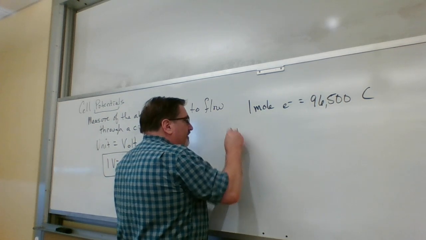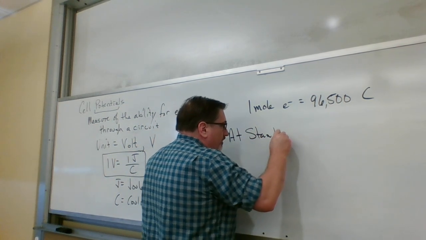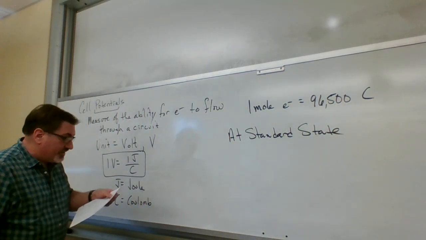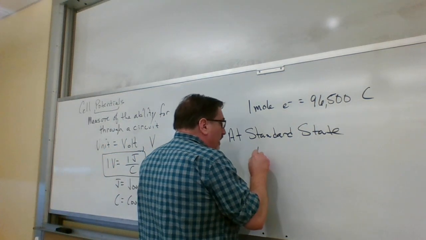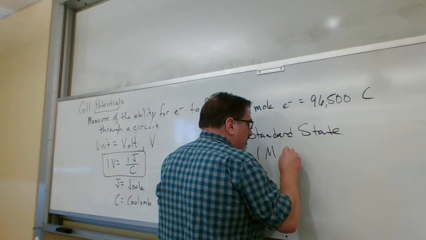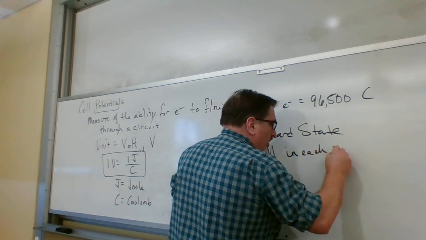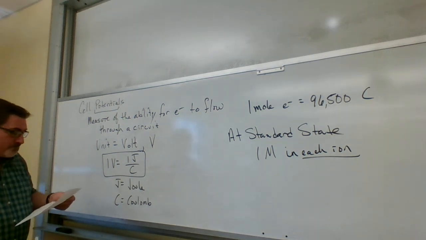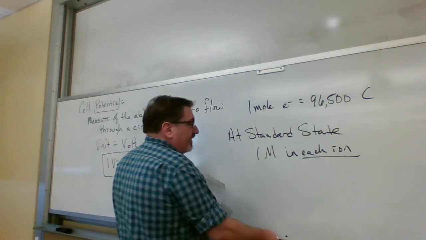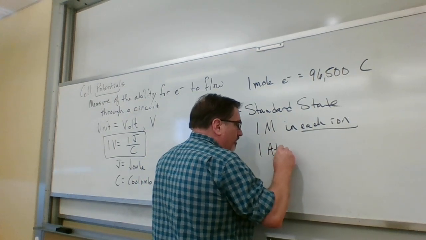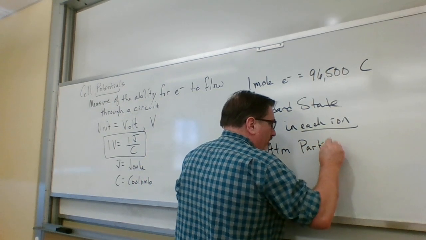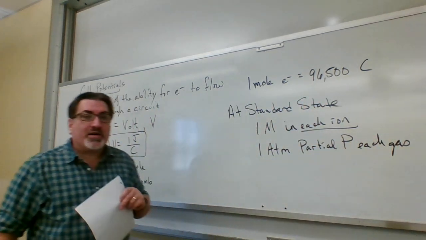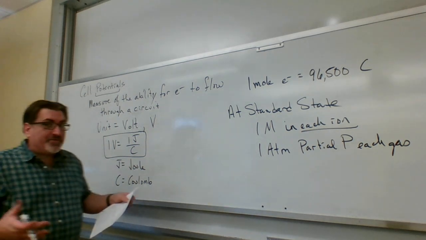And at standard state, okay, getting ready to do some calculating here. So at standard state, the conditions are 1 molar concentration for each ion involved, 1 atmosphere for each gas, so 1 atmosphere of partial pressure for each gas, not a total of 1 atmosphere for the cell.